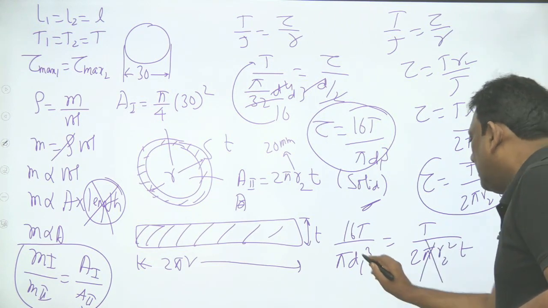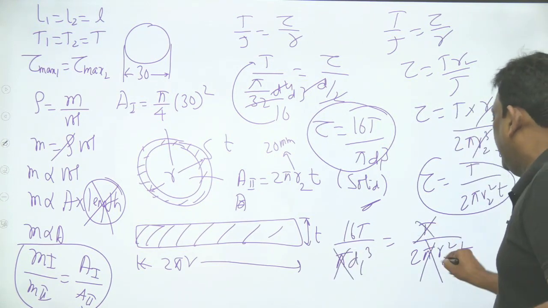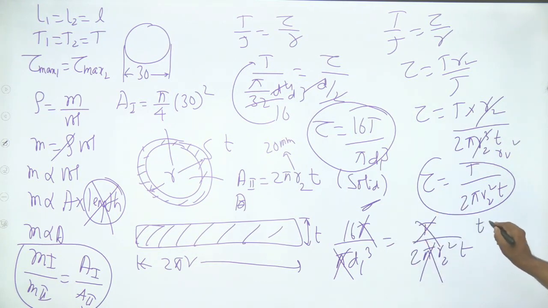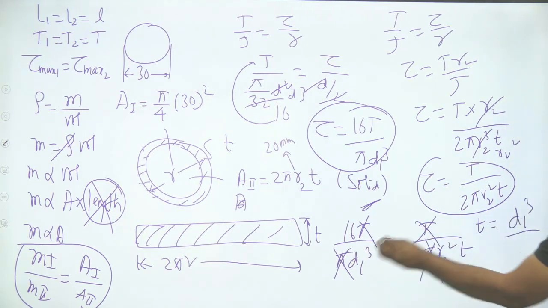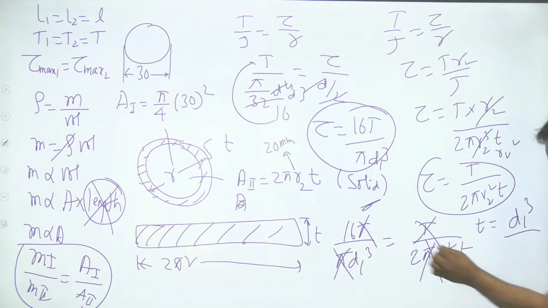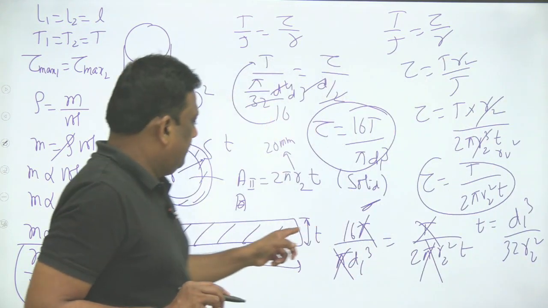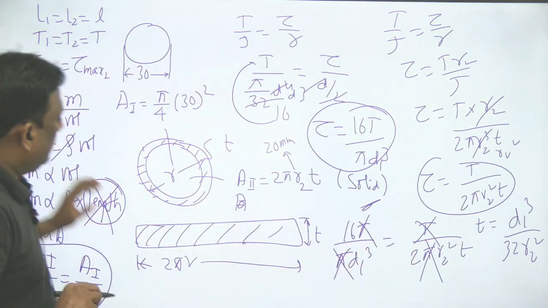So pi is gone. If I want t, you bring t to this side, 16 into 2 is 32. This is D1 cube. I repeat, you bring D1 to this side, t to this side. So t is D1 cube by 32 R2 square.